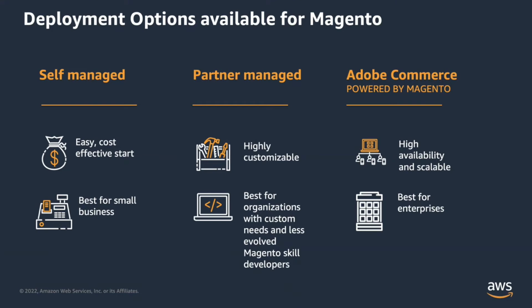So for example, if you want to run a Magento image on an EC2 instance, once that deployment has been completed, you would be in charge of monitoring, updating and managing that environment. So that's where the self-management part comes in.